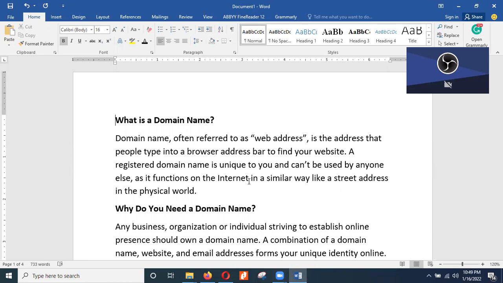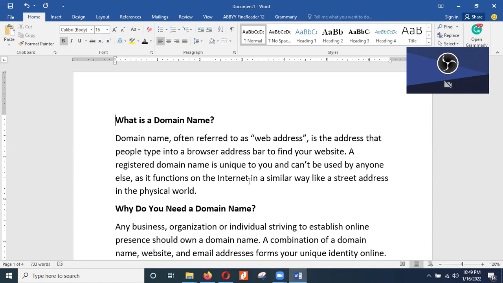That is like hosting. Now, if someone wants to visit your house, you have to give that person an address. That address you give to a person is like a domain name.